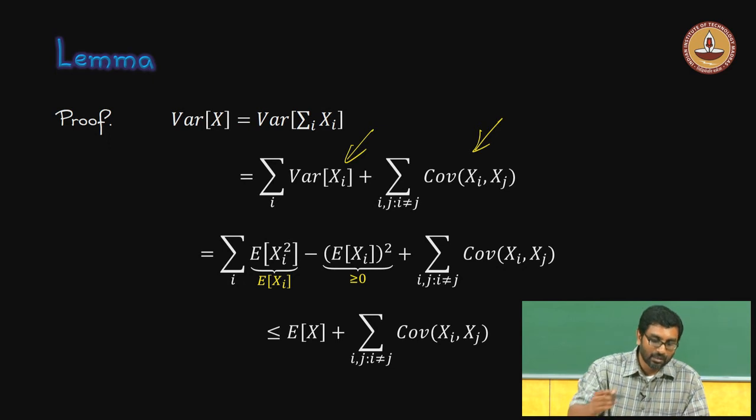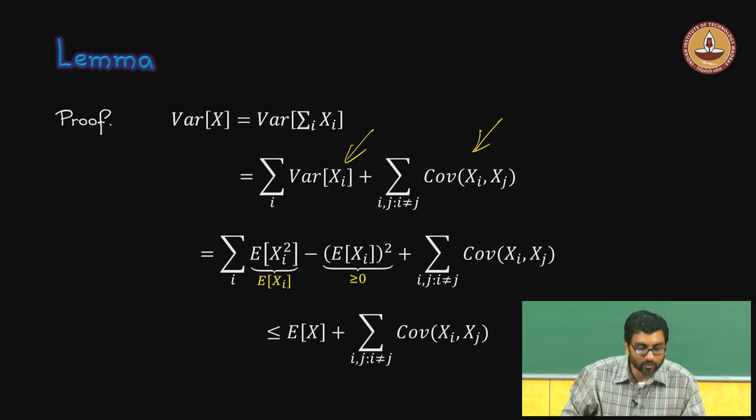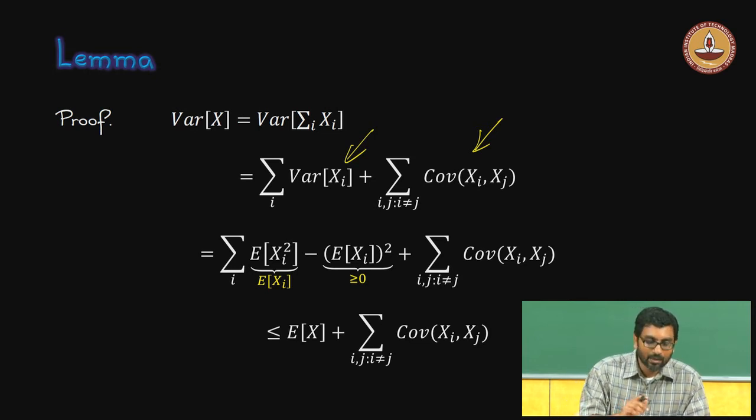Okay. And well, then you can just apply the formula. Variance of x I is expectation of x I squared minus expectation of x I the whole squared. That is just the formula. Okay. But now we are going to take advantage of the fact that x I is a 0, 1 random variable. If it is a 0, 1 random variable, e of x I squared, what is that?